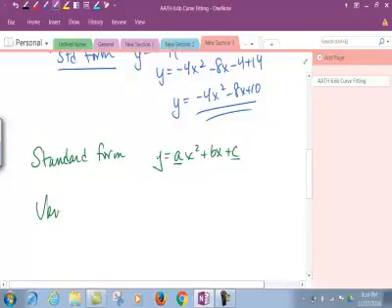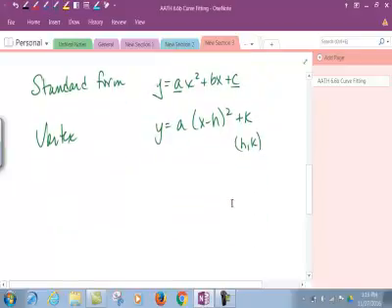The vertex form is y equals a(x minus h) squared plus k, where the vertex is (h, k). That's what that's good for. And then there's a third form, and it's called the factored form.